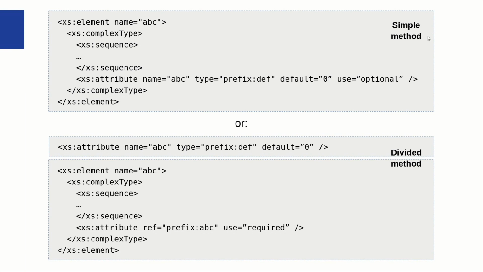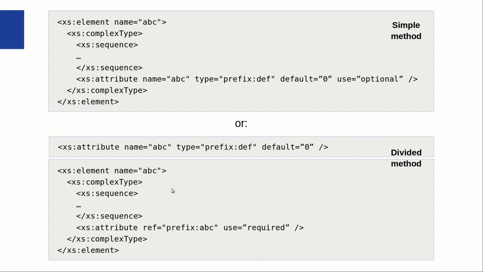If you're using the simple method, you declare the attribute right below the indicator, or you can declare it globally, both at the divided method and at the named types method, and then refer to that attribute from inside the declaration of the attribute of the complex type without having to use the type attribute or the default or fixed attribute anymore.